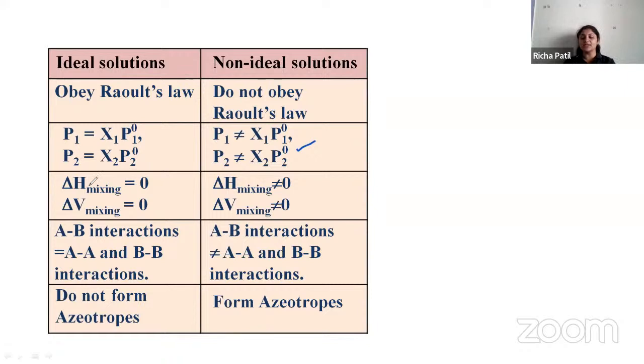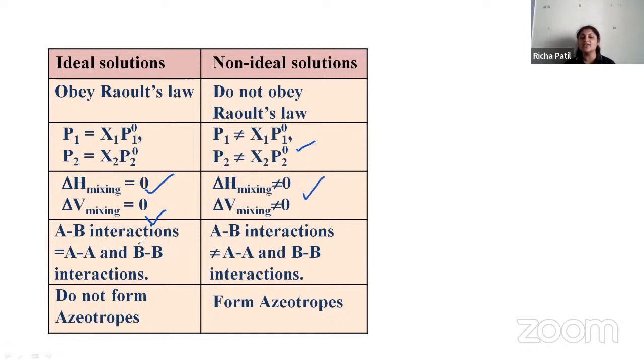For an ideal solution, the enthalpy of mixing of the pure components to form the solution is 0, and the volume of mixing is also 0. For a non-ideal solution, the enthalpy of mixing of components to form the solution is not equal to 0, and the volume of mixing is also not equal to 0.